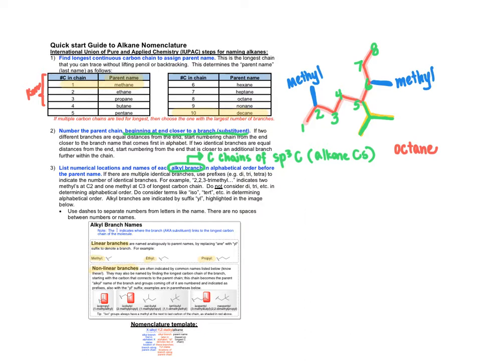So nonlinear branches are often identified using the common terminology that is listed here on your handout. And these are definitely names that you want to get down by heart because you're really commonly going to be using those to describe molecules. And the squiggly line in each of those, so the squiggly line there, there, and there, indicates the parent chain.